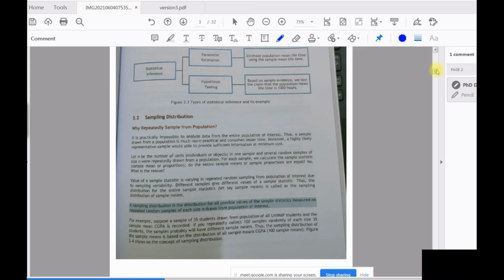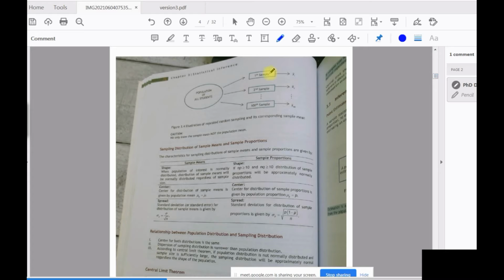We repeatedly take data, that is, we repeatedly sample from the population. So from the population, we have a first sample, second sample, until maybe 100 samples. So for sampling distribution, we have sample means and sample proportion.